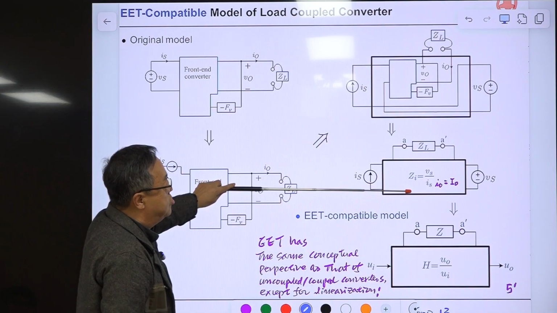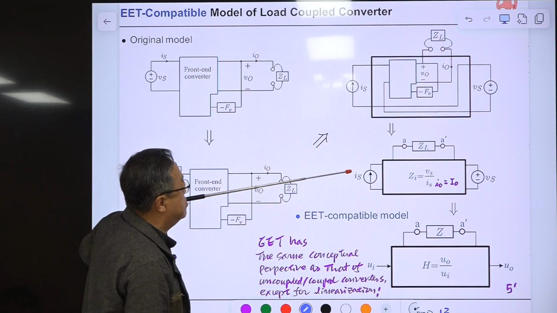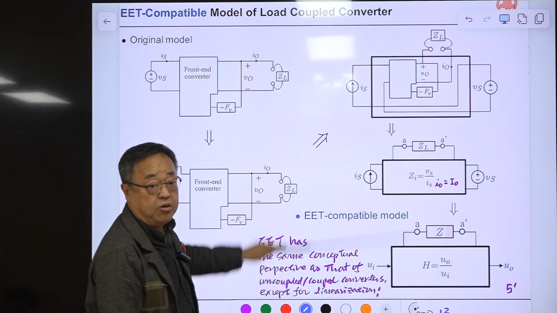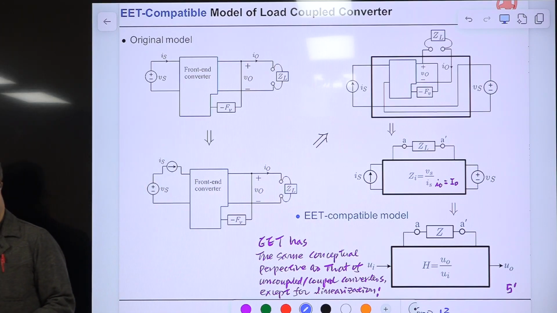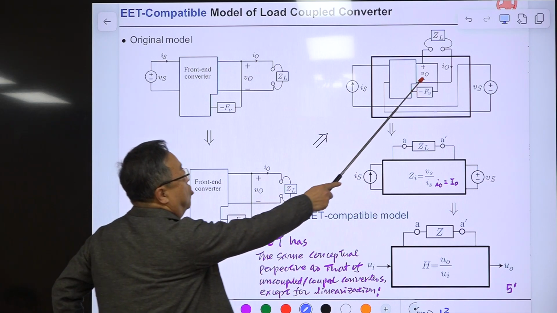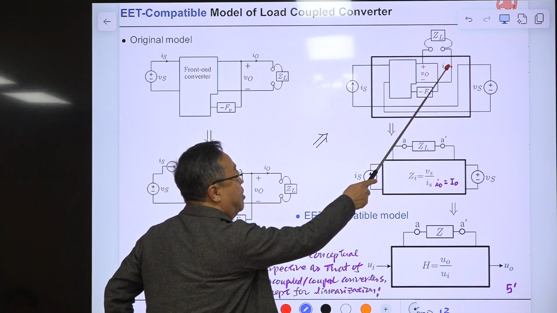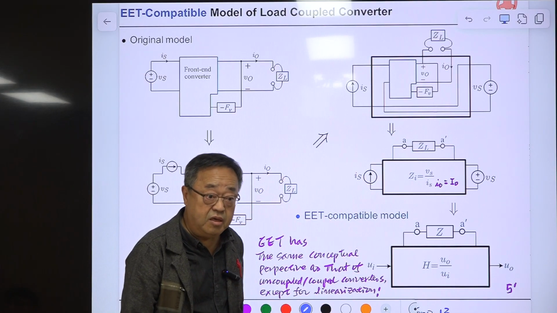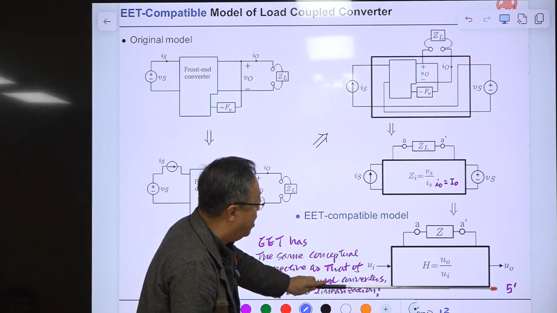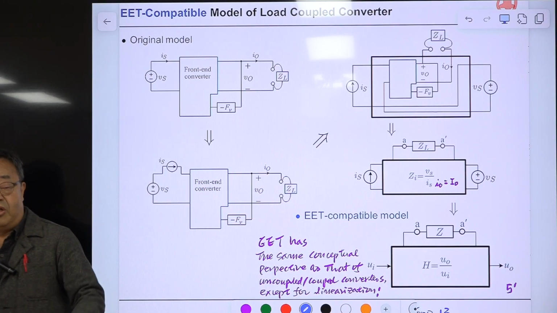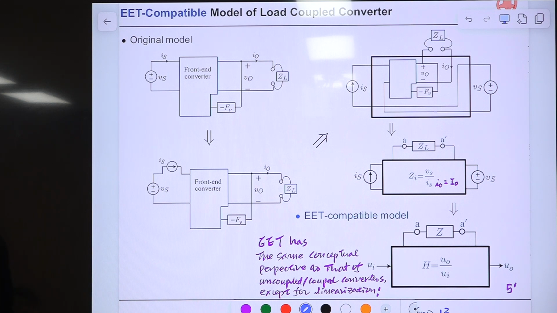So the transfer function of our interest has this input and this output, and this will be considered as what? The extra element. And one thing is IO. IO is sometimes a time varying variable, but here IO is constant. Then this is the same as our notation. We used this to establish the EET. This is the same thing actually.